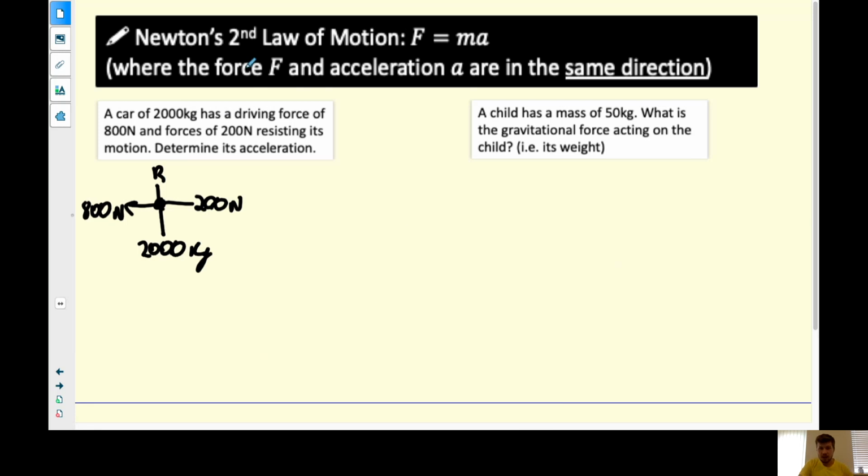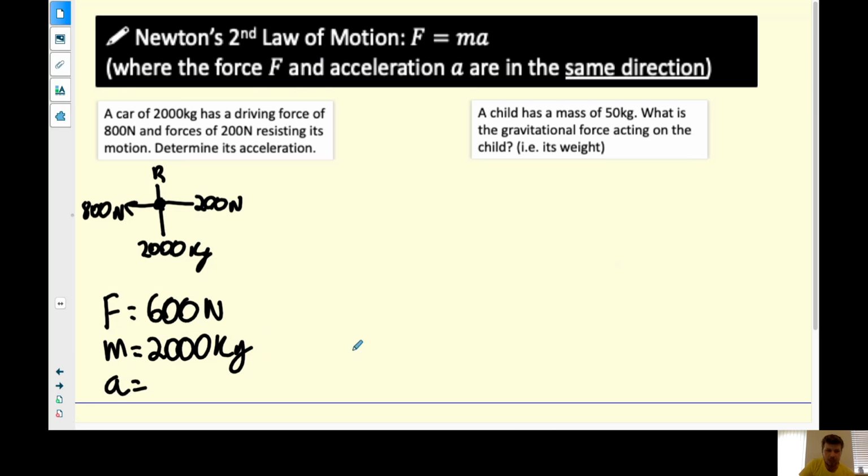So F equals ma. My resultant force in the direction of motion, which would be in the positive direction, would be 600 newtons. My mass I would know as 2,000 kilograms, and my acceleration is yet to be determined.